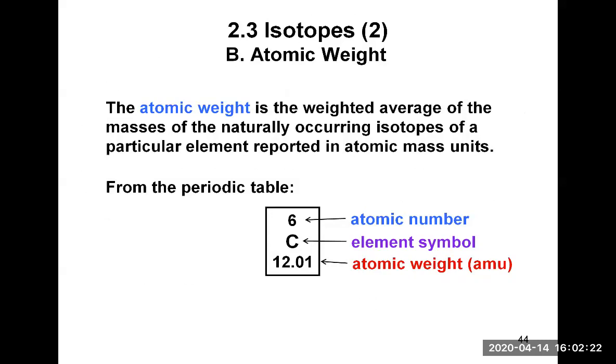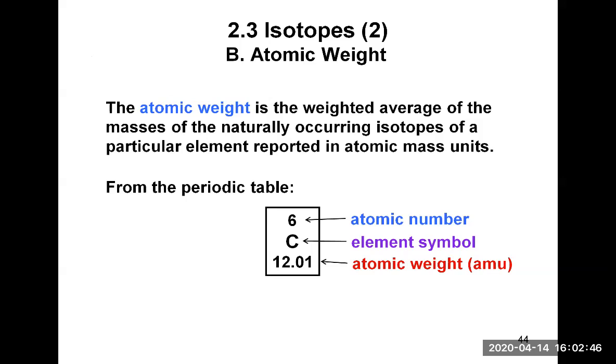So isotopes are different by the number of neutrons. And we learned that neutrons are neutral and do not contribute to charges, but they contribute to mass. One neutron is approximately 1 atomic mass unit, just like 1 proton.